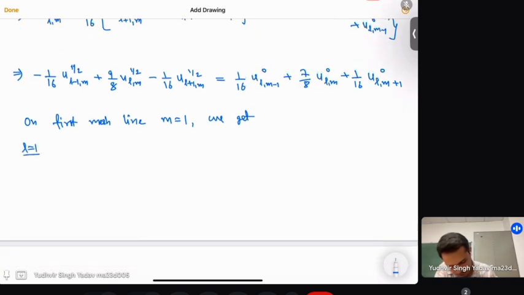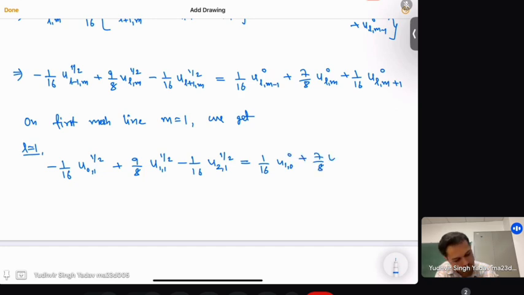That is for l equals to 1, we have minus 1 by 16 u_0,1 half plus 9 by 8 u_1,1 half minus 1 by 16 u_2,1 half equals to 1 by 16 u_1,0 0 plus 7 by 8 u_1,1 0 plus 1 by 16 u_1,2 0.